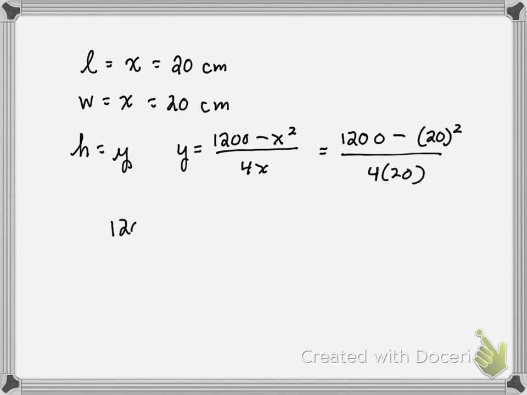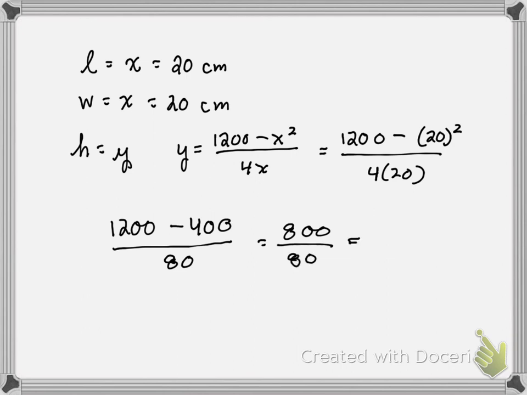So I get 1200 minus 400 all over 80. 1200 minus 400 equals 800, divided by 80. That will give me 10. So my height, which is my y value, equals 10 centimeters.